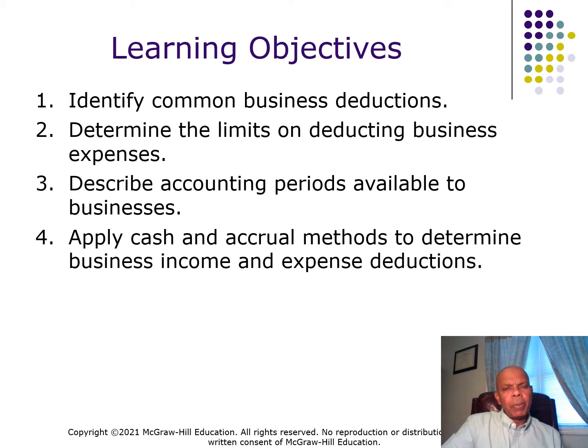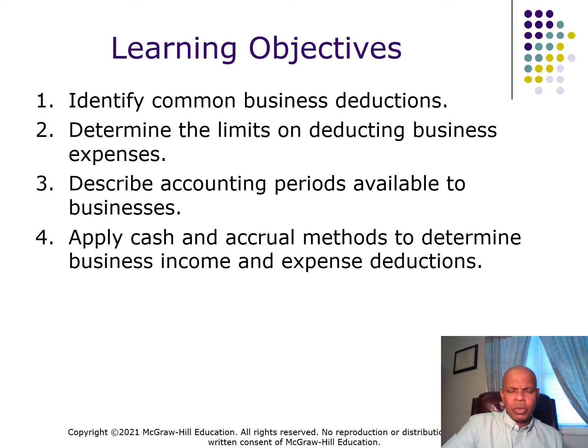So for the most part, there's a threshold. I think it's about 26 million and up, you're supposed to use the accrual method. The gross income test is to check whether you are eligible as a business to use the cash method.